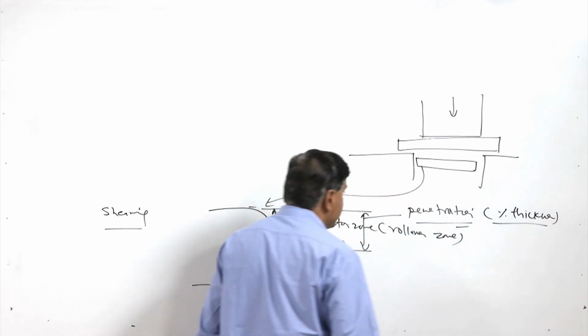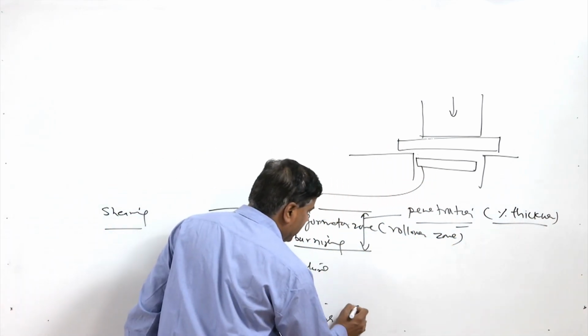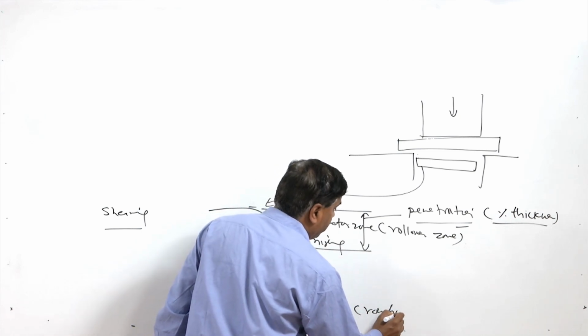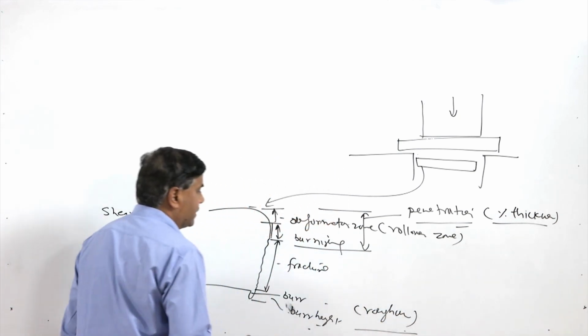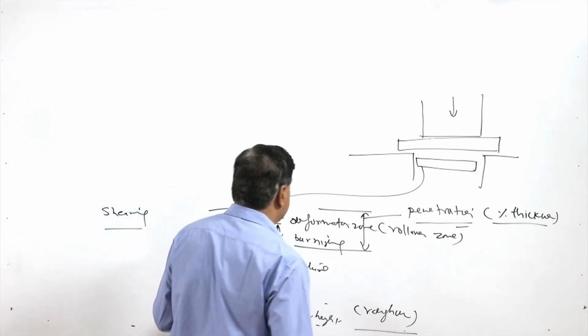The burr height basically indicates the kind of roughness present in the cut edge. So, these are the 5 different constituents related to this.